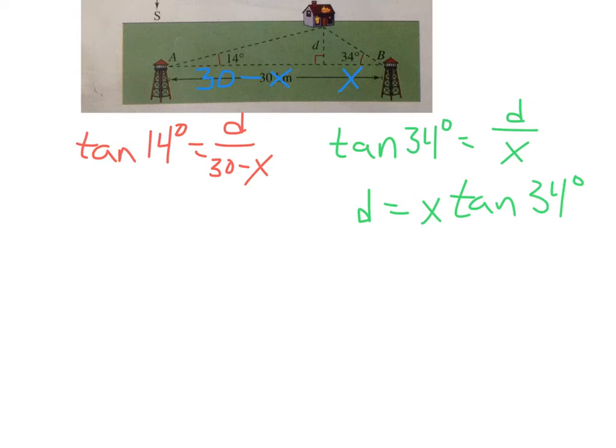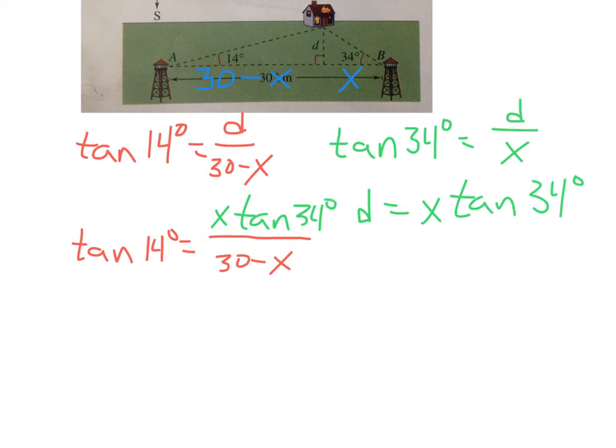So then I have tangent of 14 degrees, and instead of D up there, I'm going to put X times tangent of 34. Now, it's not super straightforward because we still have a ratio with X's, but this turns out to be not too hard of a problem.